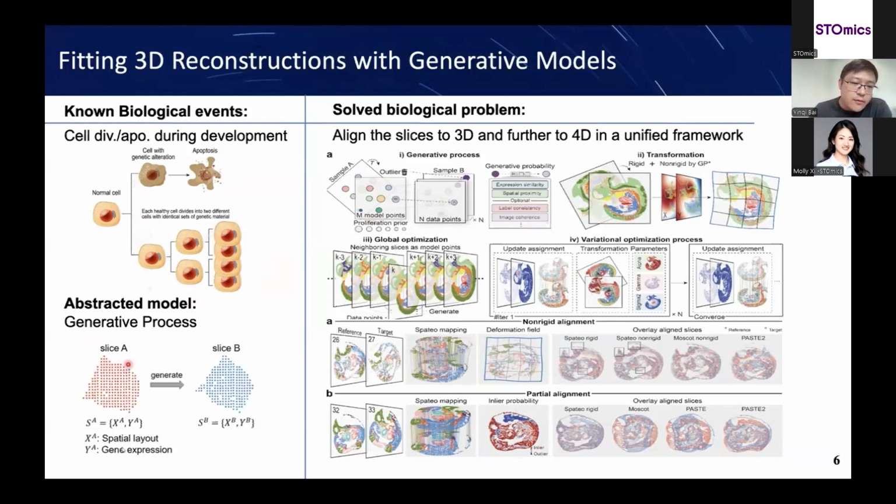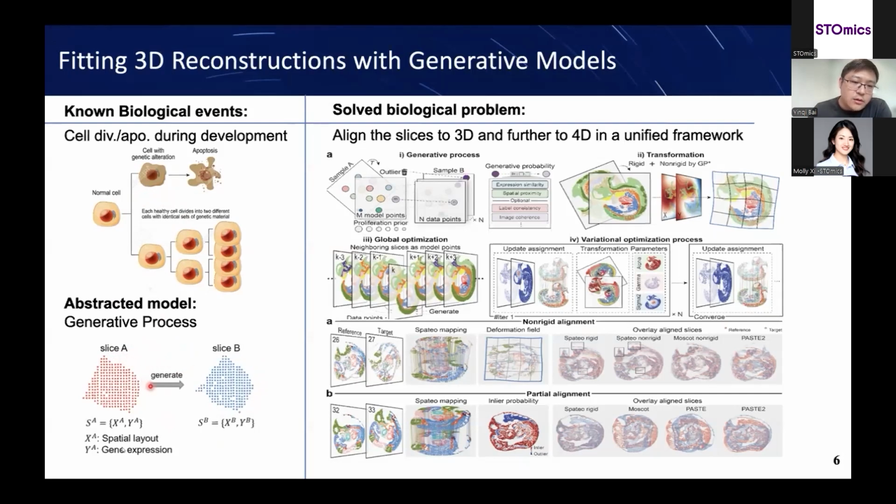Considering that we have a slide A, each cell in slide A can be generated into another slide, quite similar to slide B, but each cell can undergo apoptosis and division to 0 or many cells.